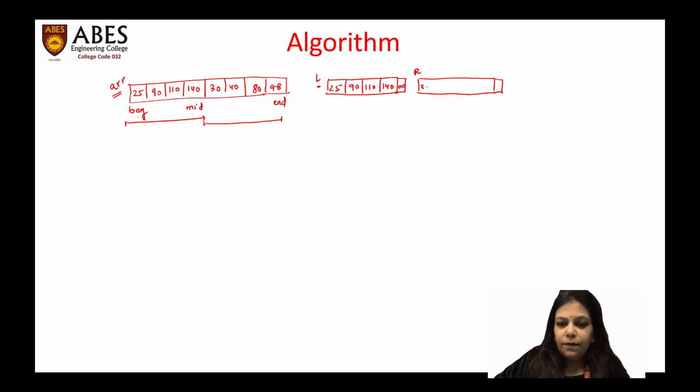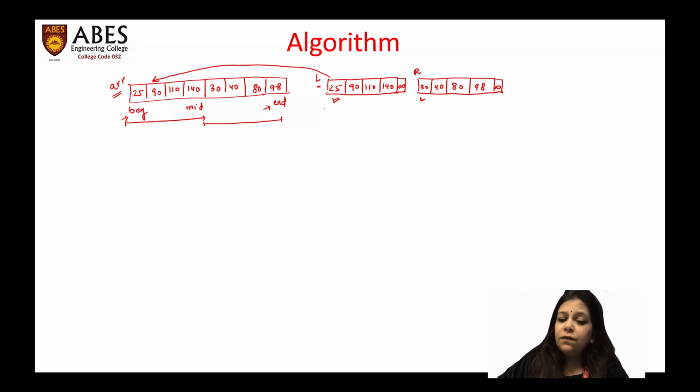And R will be 30, 40, 80 and 98 and infinity as the last element. And then we will keep on comparing each element of left with right, and whichever element is smaller, we will store that element back into the array, starting from the beginning till the end, right?